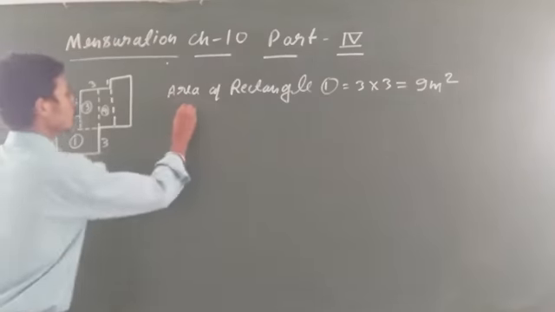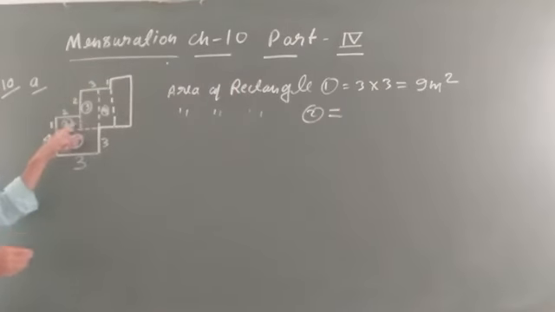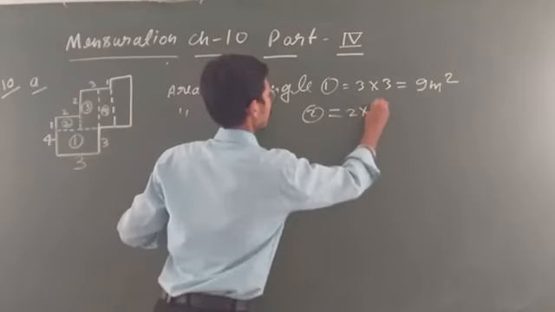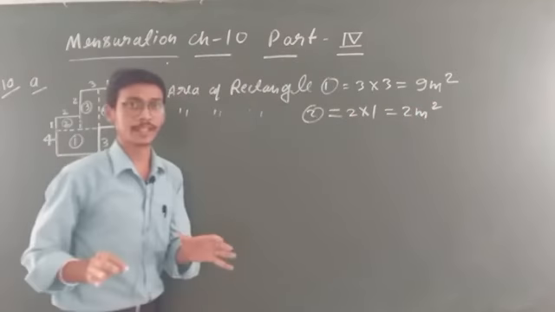Area of rectangle 2 you will write down. It will become 2. This is given 2 na? So this is also 2. Length is 2 and breadth is, student, we found 1. How? Total length is 4 and this is 3. So 4 minus 3 is 1. Clear? So this will become 2 multiplied by 1, yani 2 meter square. Is that clear, student?